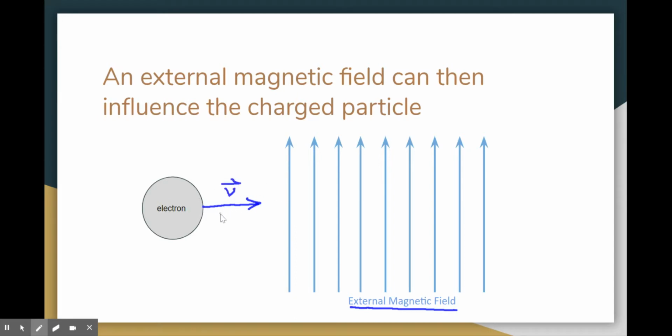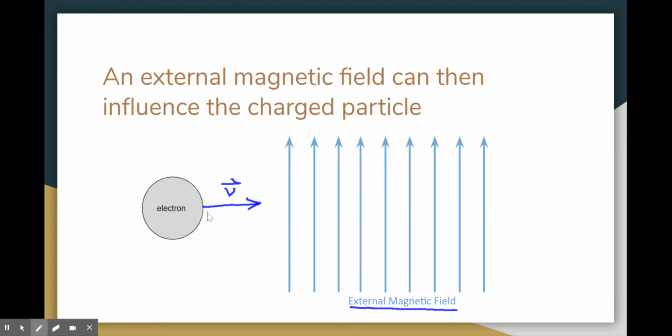As that electron moves towards this region and into this region, its magnetic field, I haven't pictured it here, but you can imagine the magnetic field around this electron. The magnetic field of the electron will be influenced by the external magnetic field that it's traveling through.